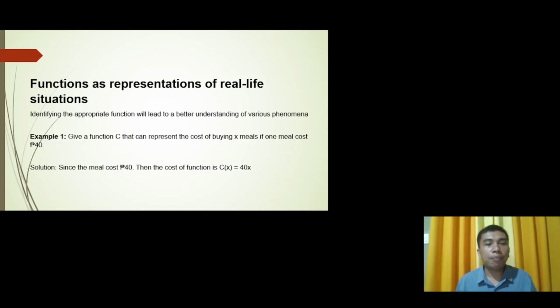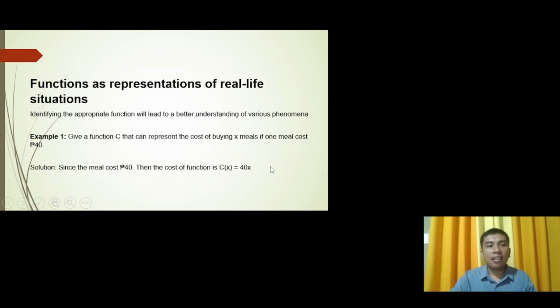Solution: since the meal costs 40 pesos, then the cost function is c of x equals 40x. So that's the answer.